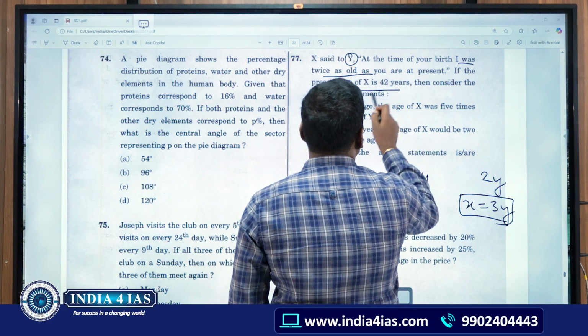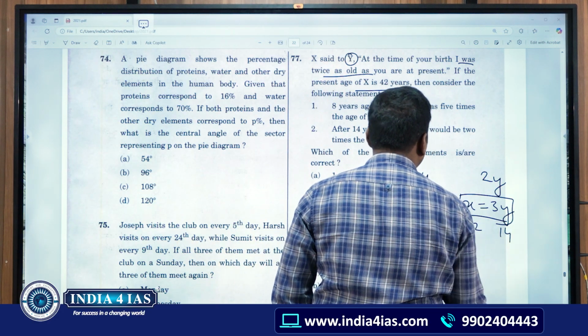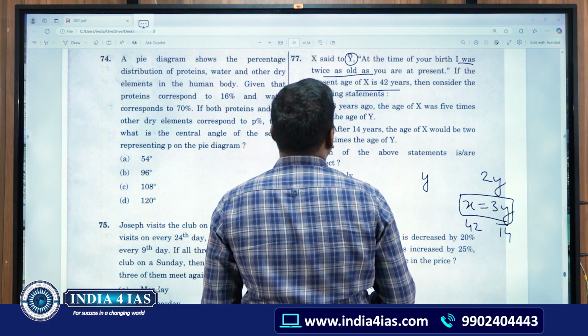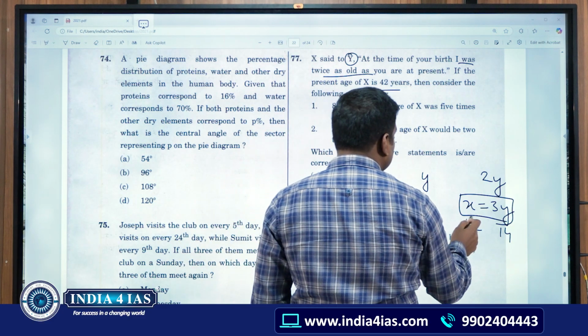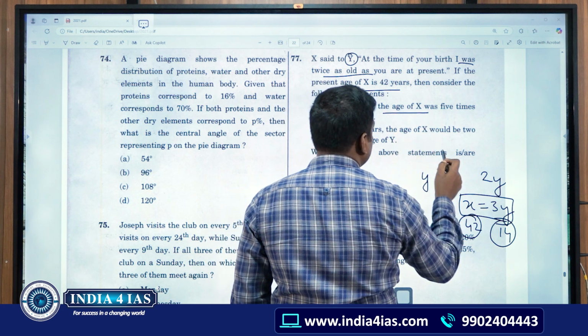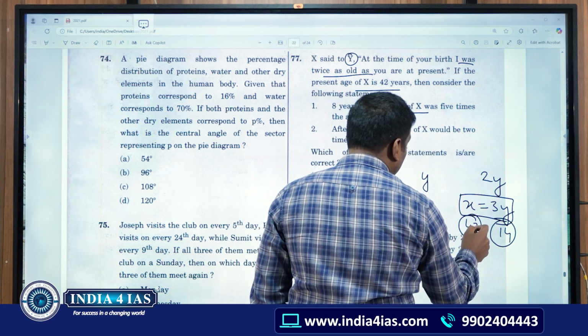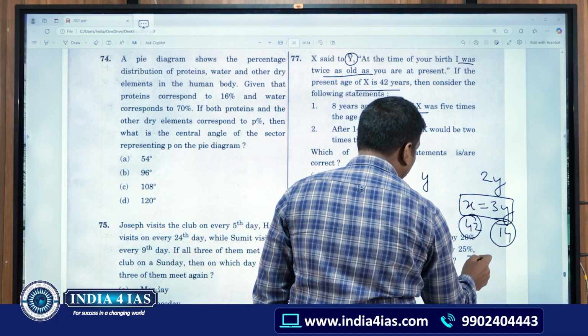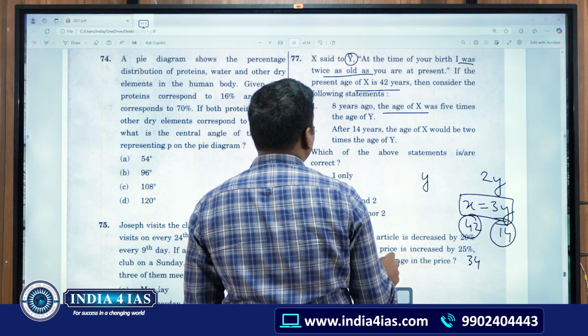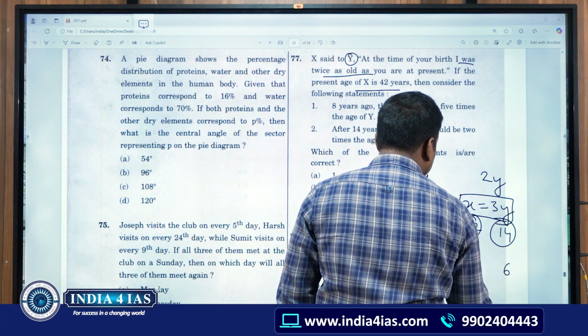If the present age of X is 42, Y will be 14. Then consider the following statements. 8 years ago, the age of X, that is 34, is 5 times the age of Y. So 8 years ago, his age was 6.